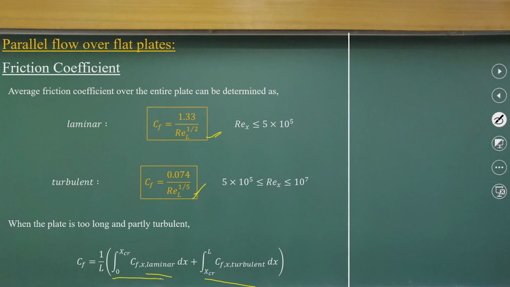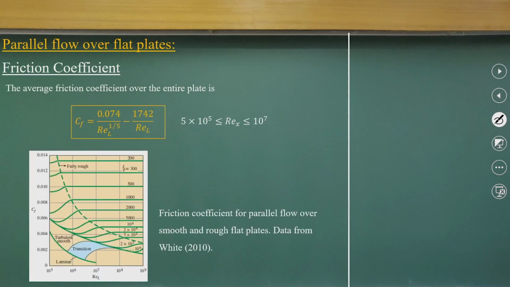In the same way, if both laminar and turbulent flow are happening, you can do the integrations to estimate the average friction coefficient. For the entire plate you can have these components as the integration part, and here it is shown for smooth and rough plates.